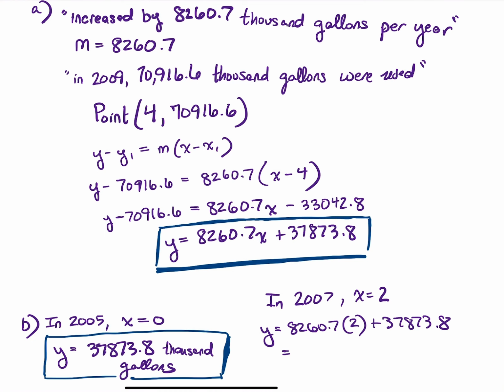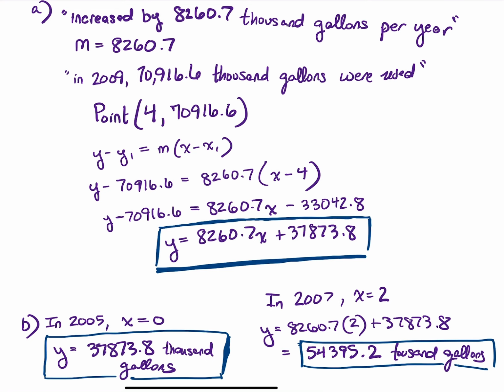That should give you 54395.2, and this will be in thousands of gallons. So it has increased in 2 years, and we're predicting it will increase from there.